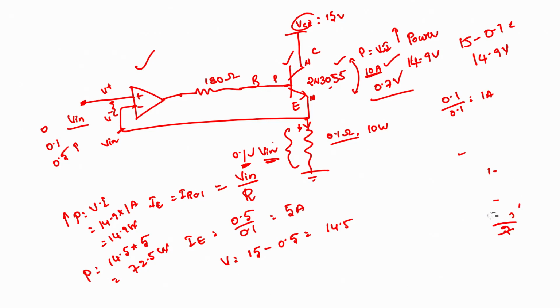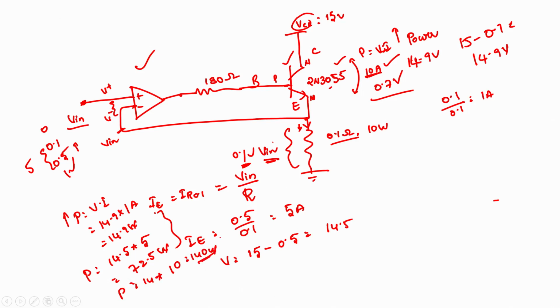Which means that it is an increase of 5 times. It is increasing drastically, almost equal to 5 times, even though the voltage drop across the transistor is decreasing. Imagine if it is 1 volt. Here the voltage drop will be 14 and the current will be 10, which gives 140 watts.